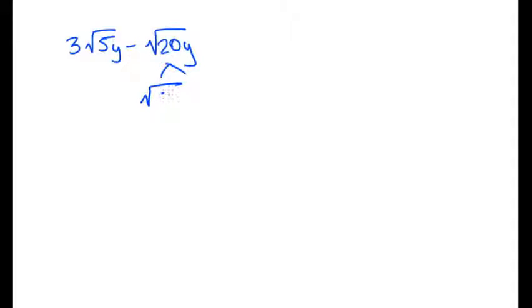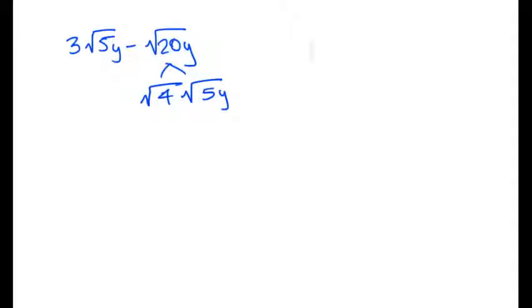Number 8 says 3 rad 5y minus rad 20y. First, we need to separate this 20y into 4 and 5y. Why this particular combination?